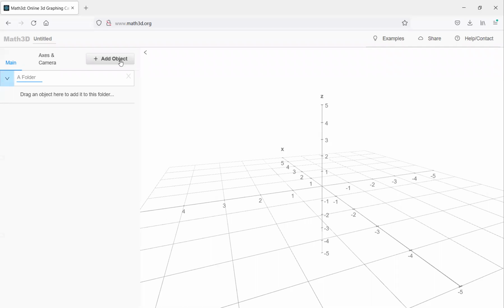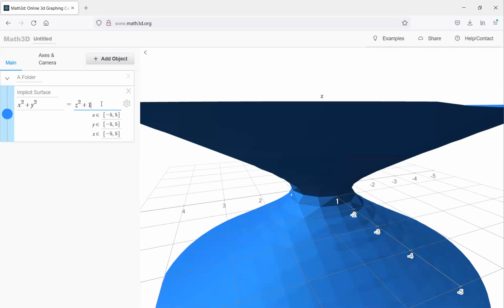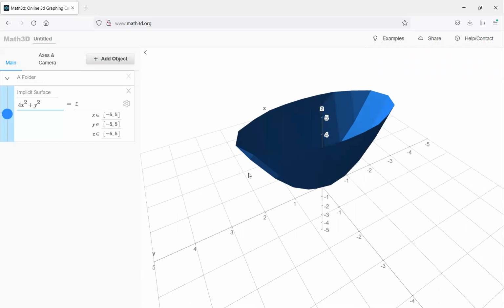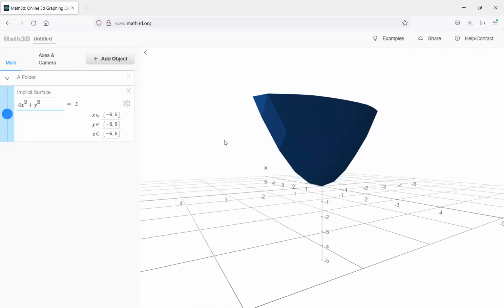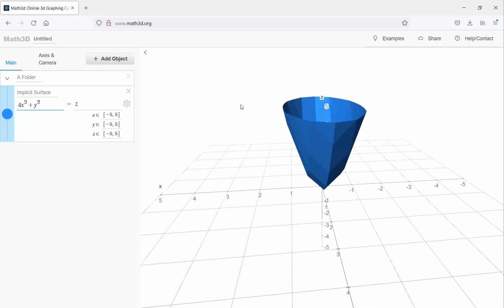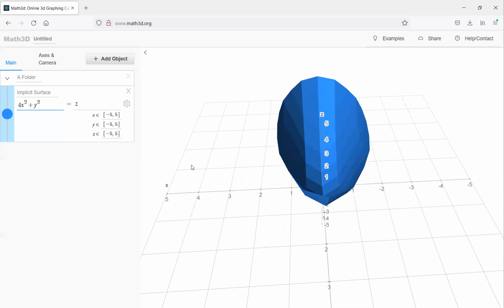Well, suppose you have an object like this. Suppose they say, hey, you have z equals 4x squared plus y squared. Okay, we graph this, and now we want to take a look at the formula sheet that we have for this object.